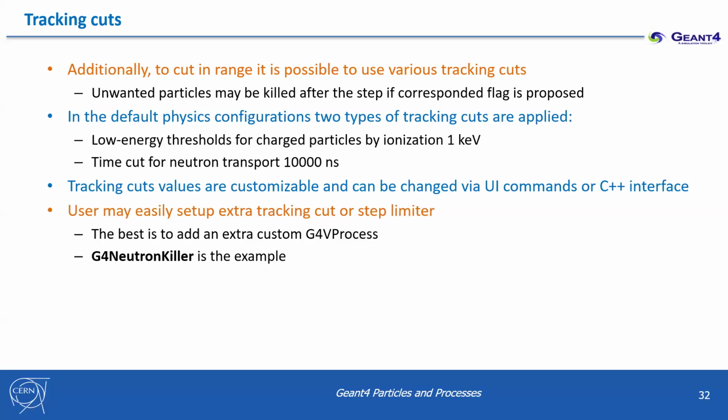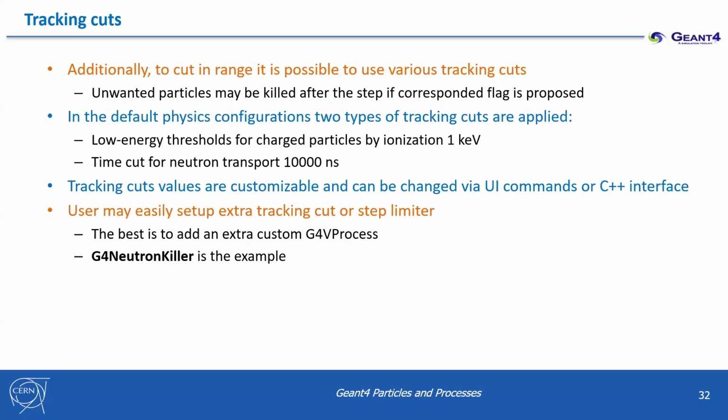What is included in the G4 standard physics list, the reference physics list? There are two things. In ionization of charged particles, there is a tracking cut of 1 keV, which may be reduced if needed or increased, and a time cut for neutron transport, which is 10 microseconds.